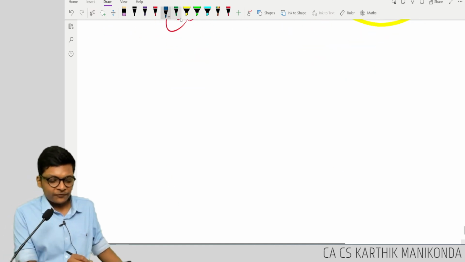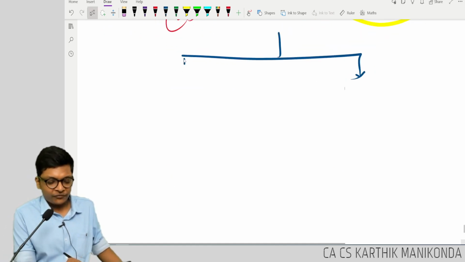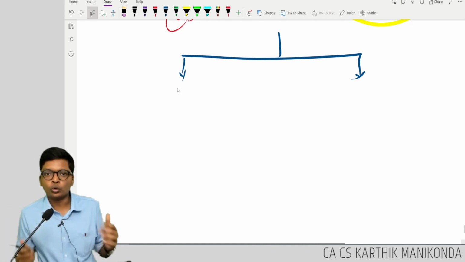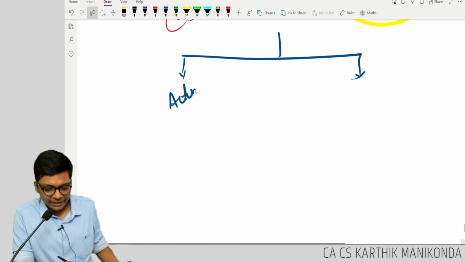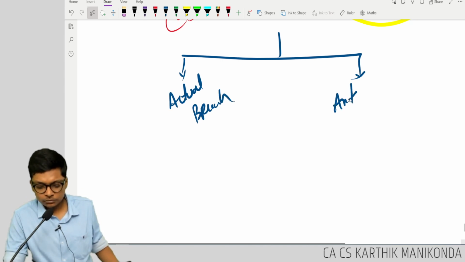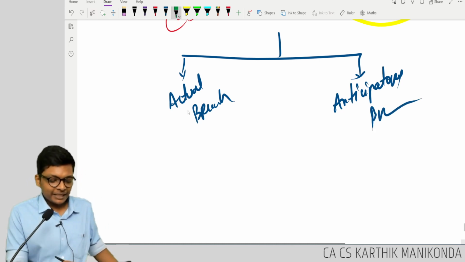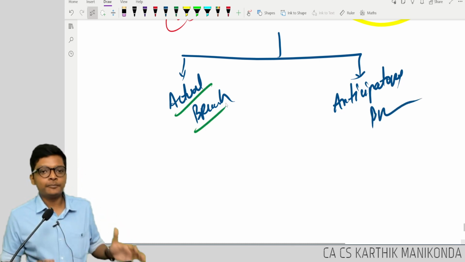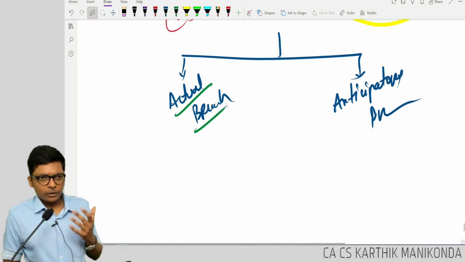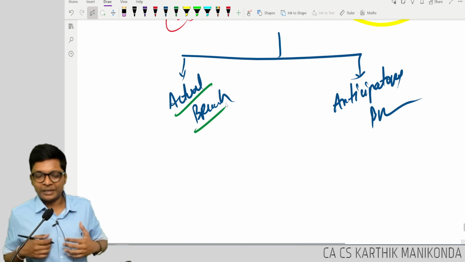Now this breach of contract in this chapter, Unit 5, is split into two: actual breach and anticipatory breach. Just to quickly recollect, let's say you booked an Ola cab or Ola auto. I'm sure everybody has used Ola or Uber at least once.